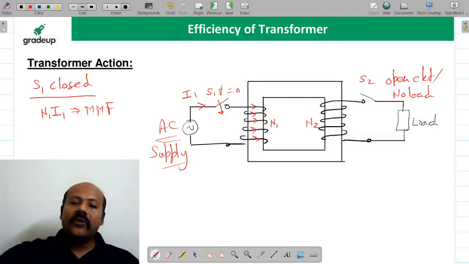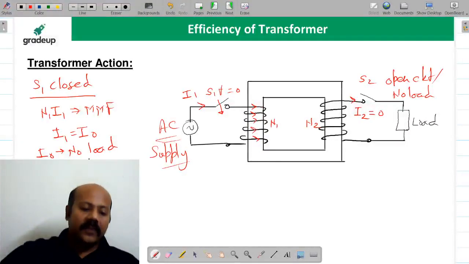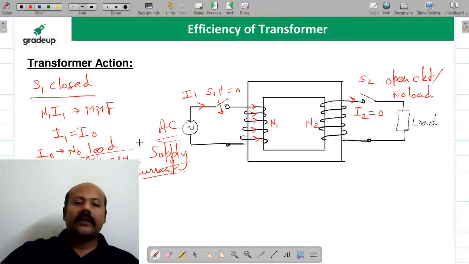So when we are saying no load, it means the secondary current is going to be 0 and there is some primary current, and this primary current I1 is going to be equal to I naught, which we are calling the no load primary current.